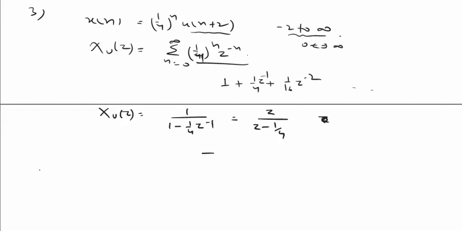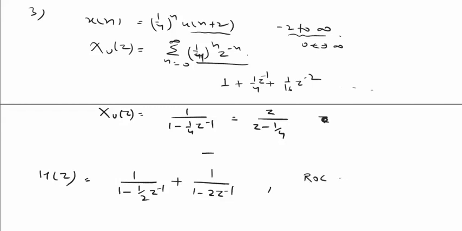Now we will discuss the next type of question. X(z) is given to us with this type of pattern, 1 minus 2 z inverse, and the ROC is also given. Case A: |z| greater than 2.